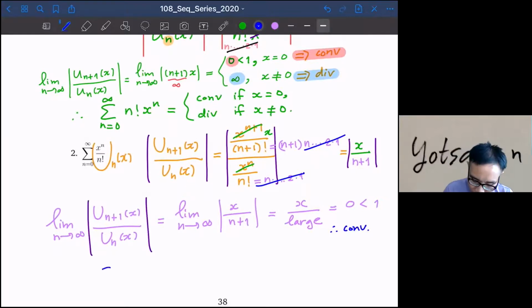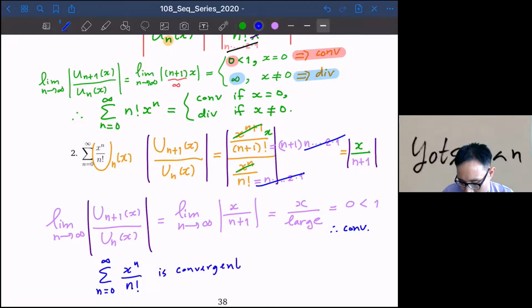Okay, so the series from n equal to 0 to infinity of x to the n over n factorial is convergent for any x in R. So it's for any real number x. Okay, so that will be convergence for any x in R.